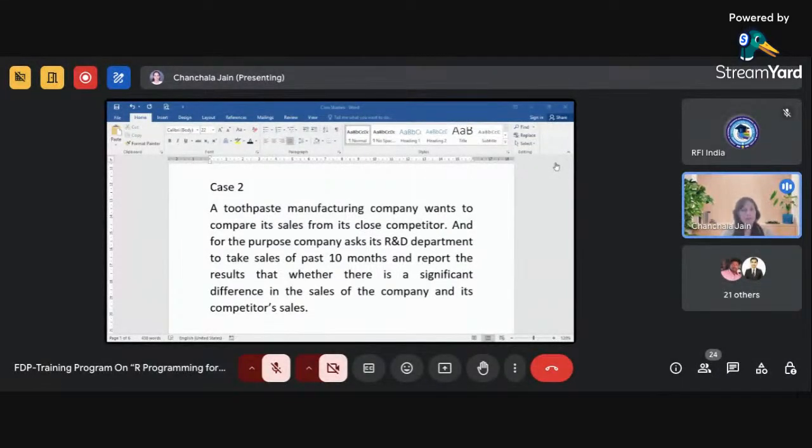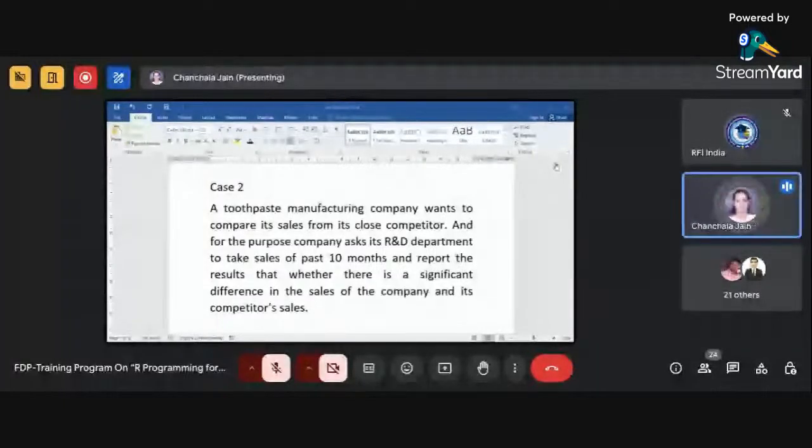Abdul sir, do you have your justification why you are suggesting the chi-square test will be the suitable test here? No, madam. Sorry. It is a t-test. Which t-test, sir? Dependent samples. Okay.